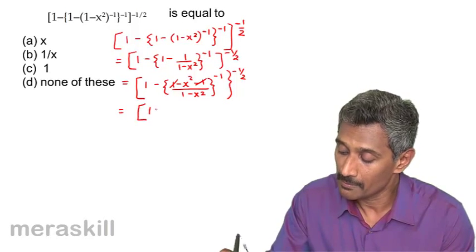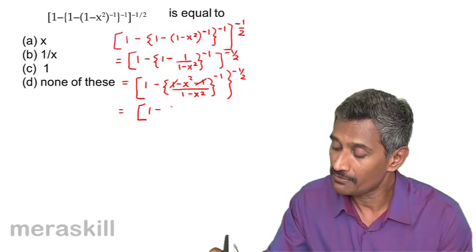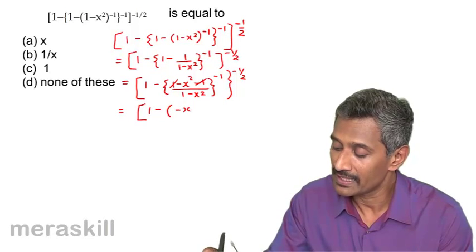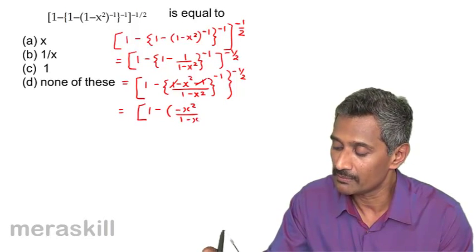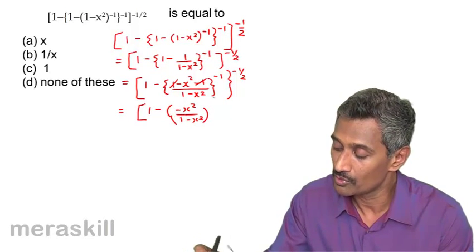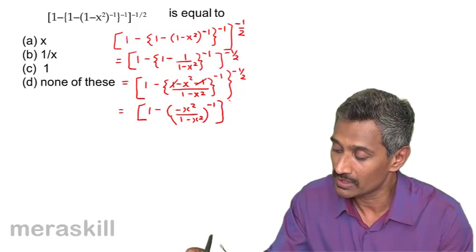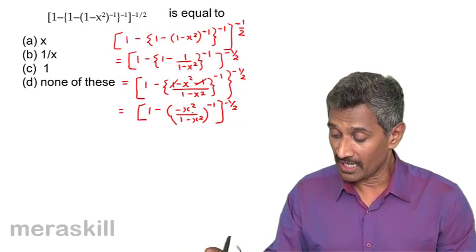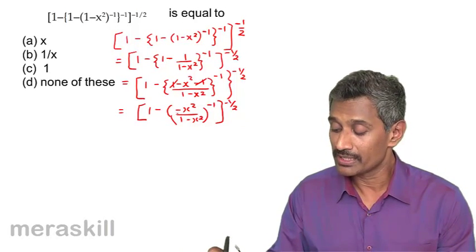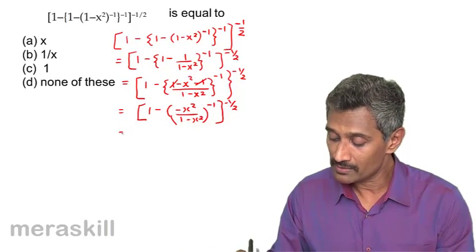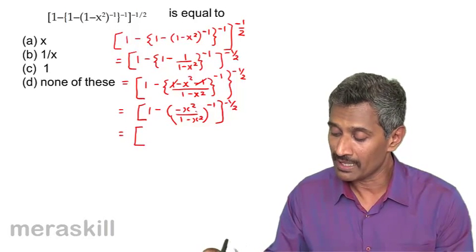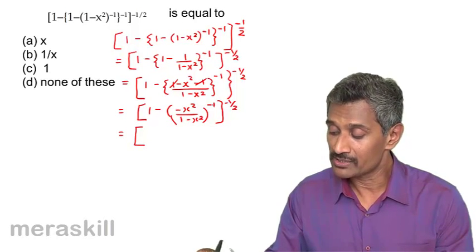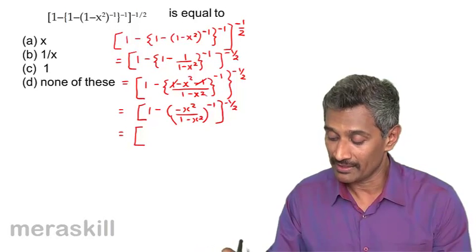We have 1 minus of minus x square, the whole raised to 1 minus x square, the whole raised to minus 1. This whole thing is raised to minus half. Now here again we go to the next small bracket, so it's raised to minus 1. So again we use the rule a raised to minus m is 1 upon a raised to m.